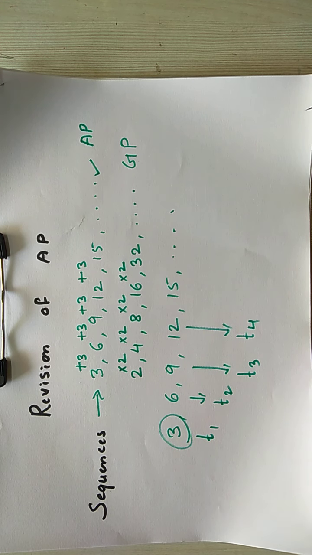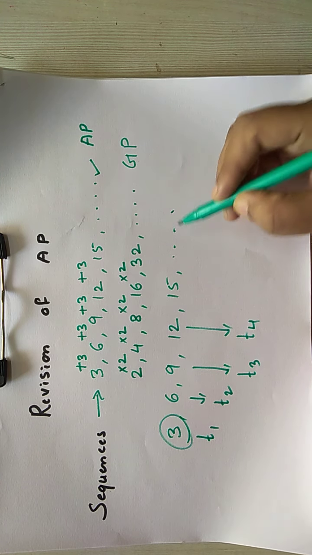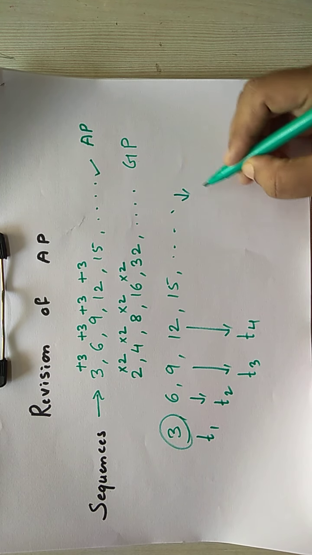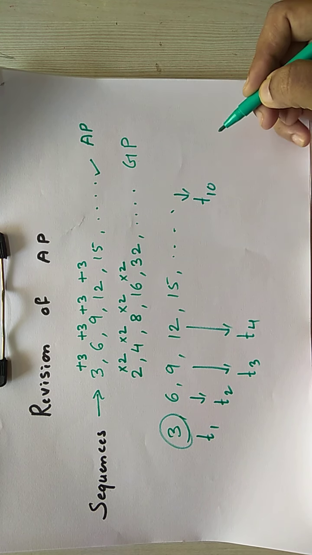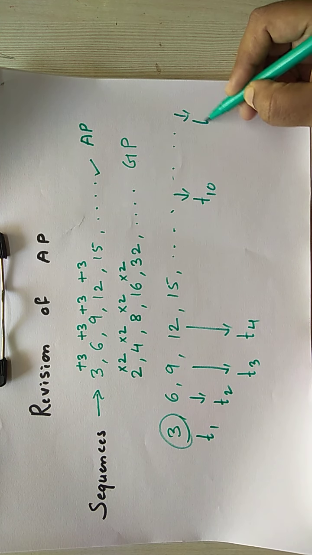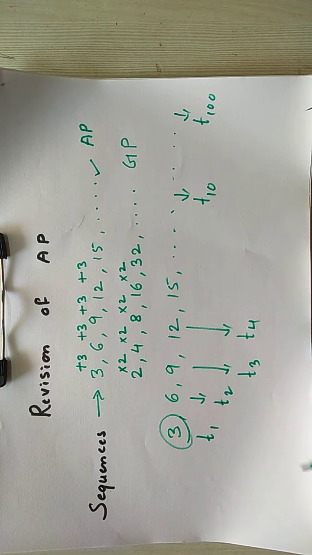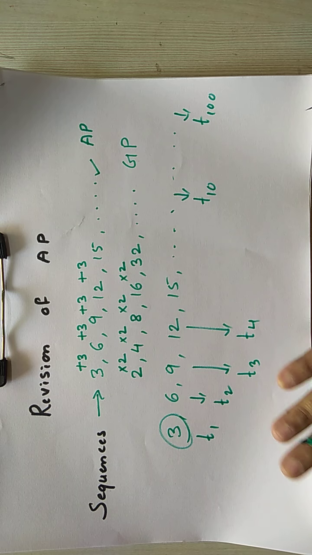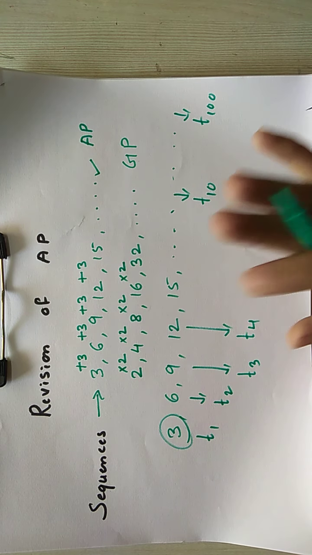We call them term 1, term 2, term 3, T3, T4, T5 and so on. Similarly, the 10th term will be called T10, and the 100th term will be called T100. So these are the symbols used for denoting a term: T1, T2, T3, T4 and so on.